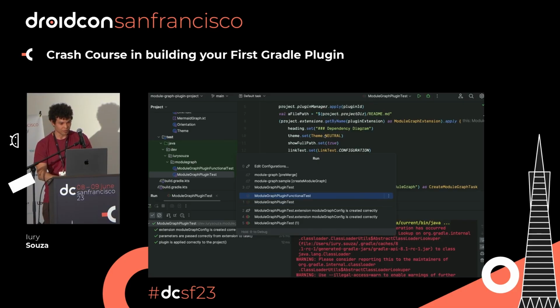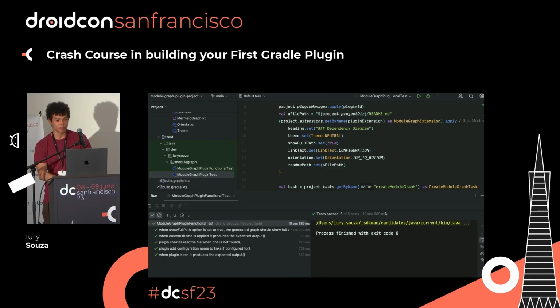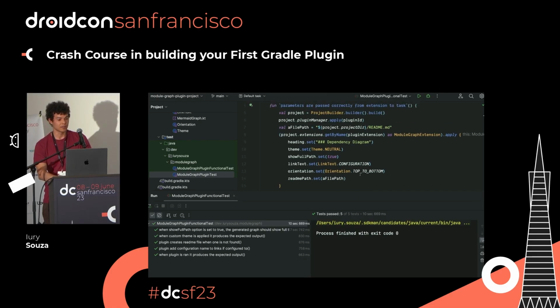And you also have the functional ones. You saw that those ran super fast, and these are not that fast. You see 700 milliseconds. But they are full-fledged integration tests, actually.